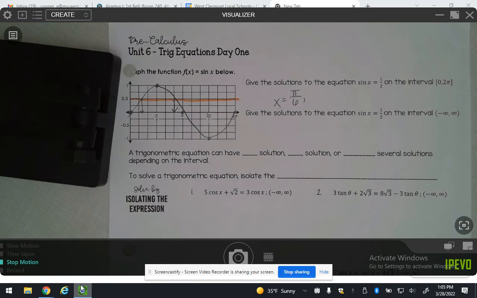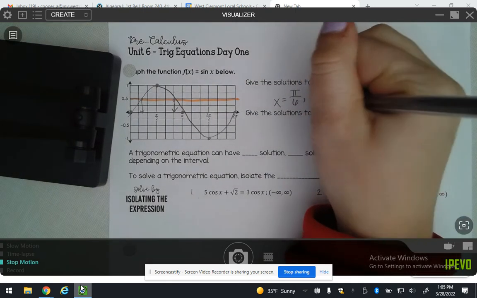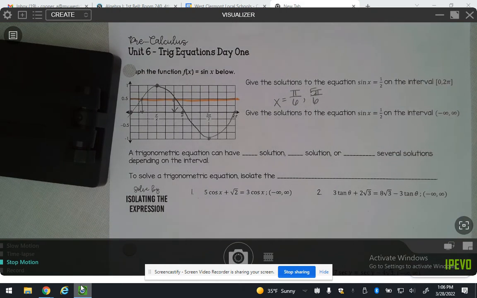Remember, quadrant 2 is 1 less than my denominator. What is my denominator? 6. 1 less than that is 5 pi over 6. You have to give me all the solutions that could exist.